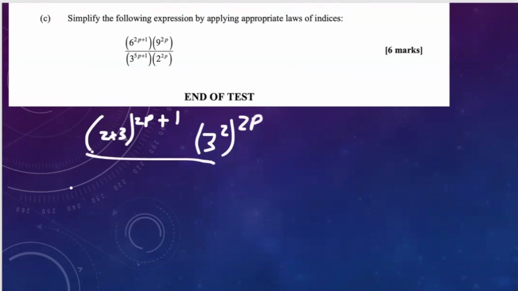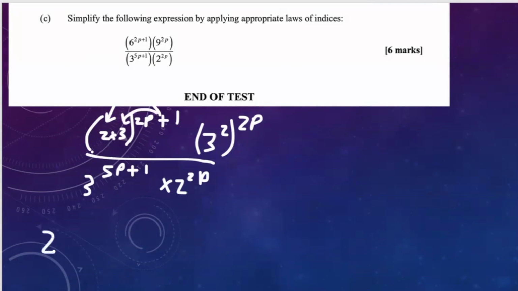In the denominator, I have 3 to the 2p plus 1 times 2 to the 2p. The 2p plus 1 will be shared by both bases in the first, because remember, I changed 6 to 2 times 3. So both of them are sharing this power.